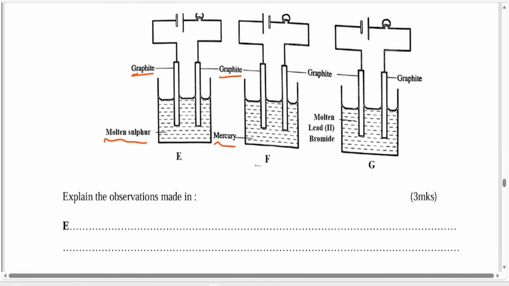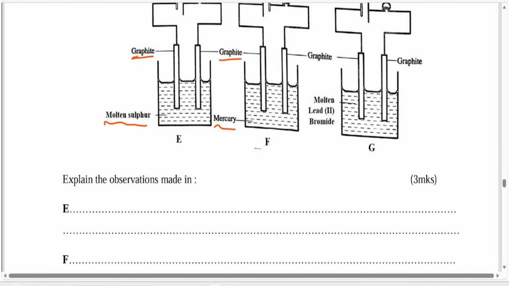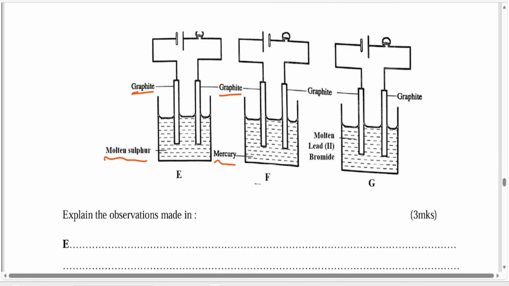We explain the observations made in E. You can see in E is sulfur. And the observation we are going to make is on the bulb; we have a bulb at this point here. So the observation made on E is that the bulb does not light.